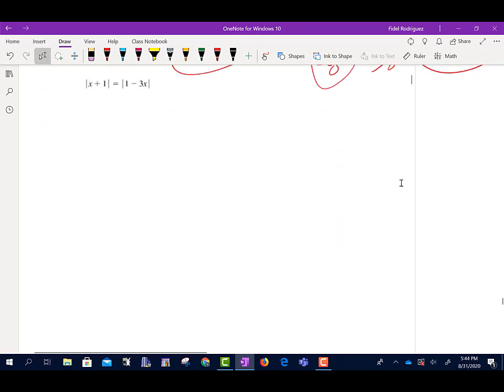All right. And we have another absolute value equation. So I want you to notice this one's slightly different. We have an expression equals another expression, but we set it up the same way. So we're going to go x plus 1 equals 1 minus 3x. And then x plus 1 equals the negative, and I'm going to put this in parentheses, of 1 minus 3x.